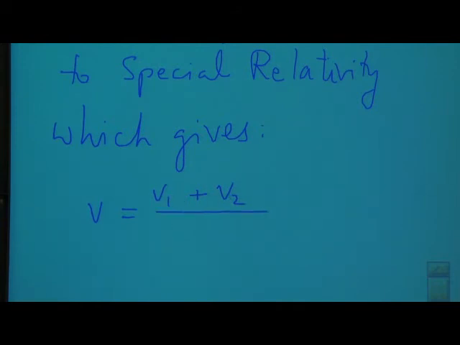But there is a correction. Here is the relativistic correction. Divide by 1 plus V1 V2 over C squared.